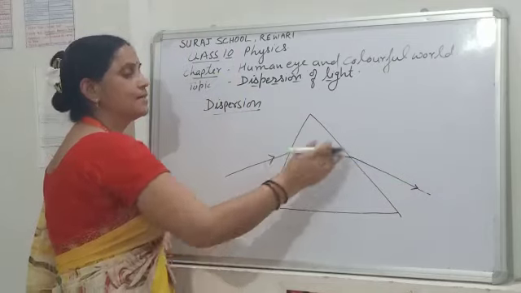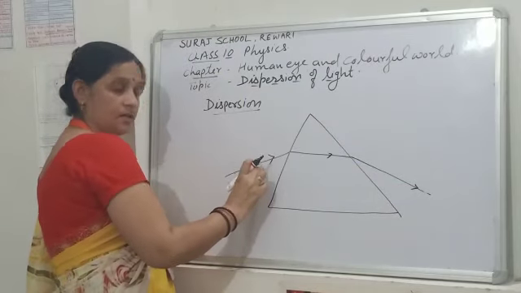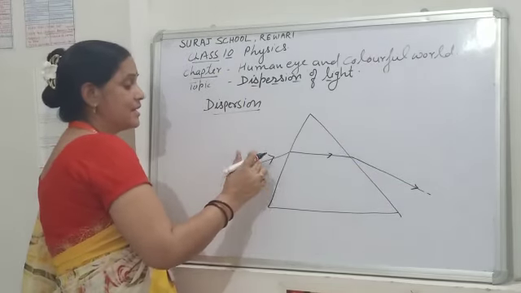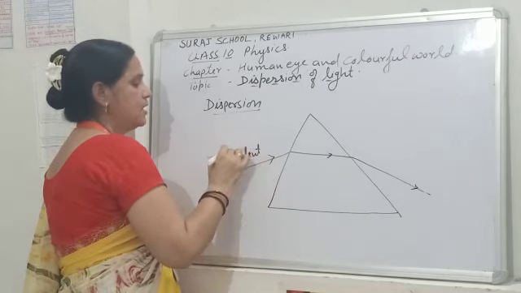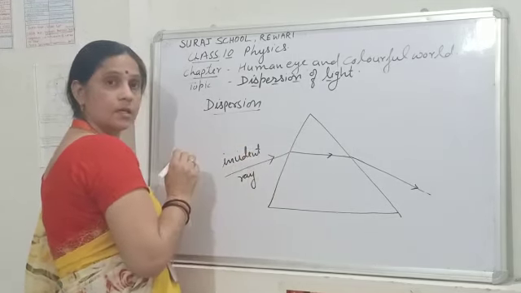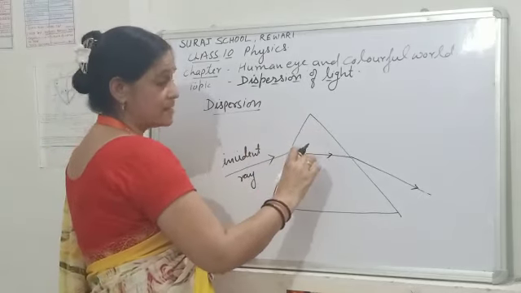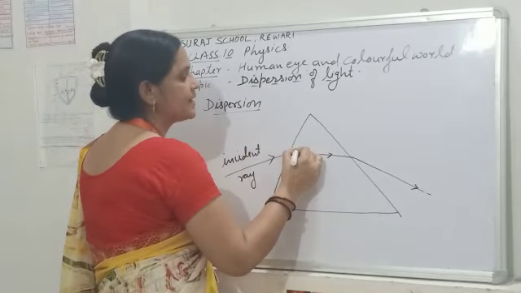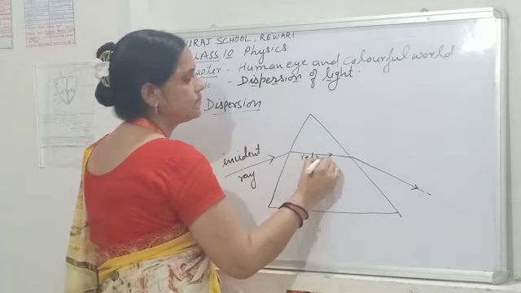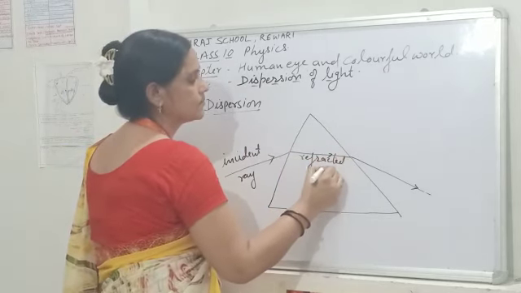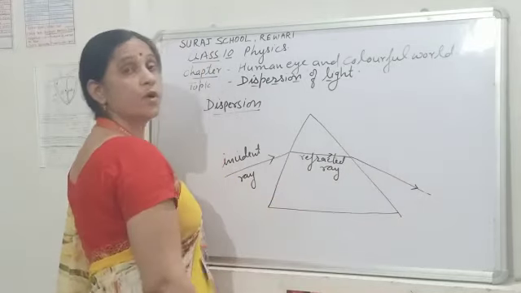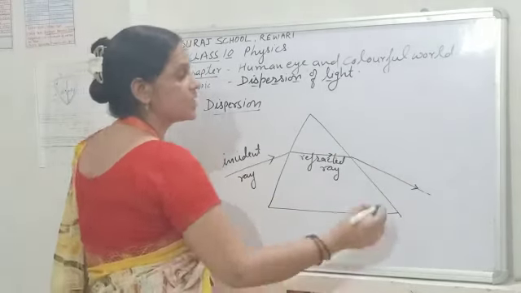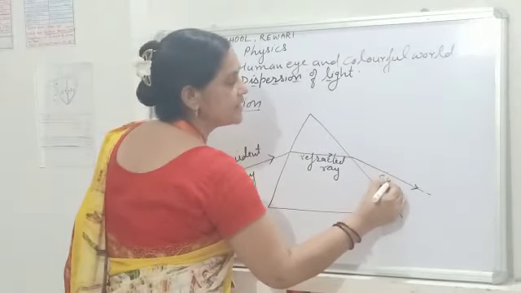So here these are the 3 rays. The outside ray which falls on the prism is called the incident ray. This ray which bends is called the refracted ray. And the ray which passes out from the prism after the refraction is called the emergent ray.